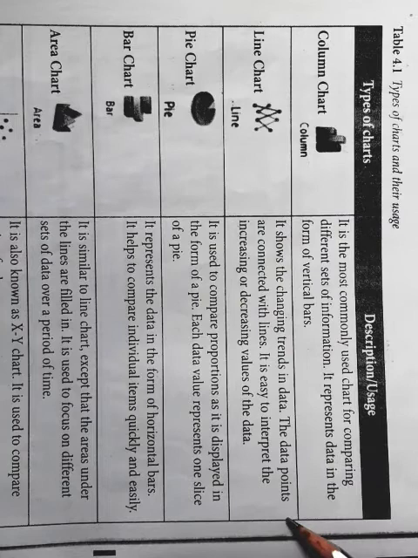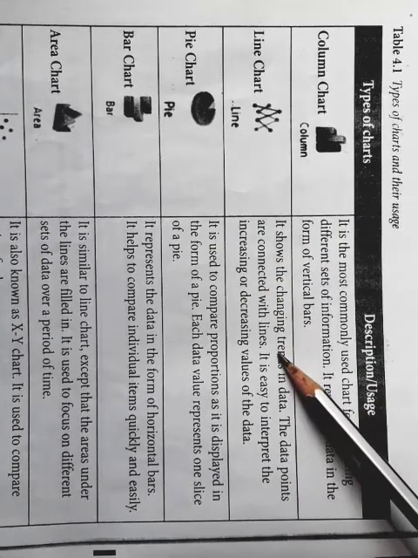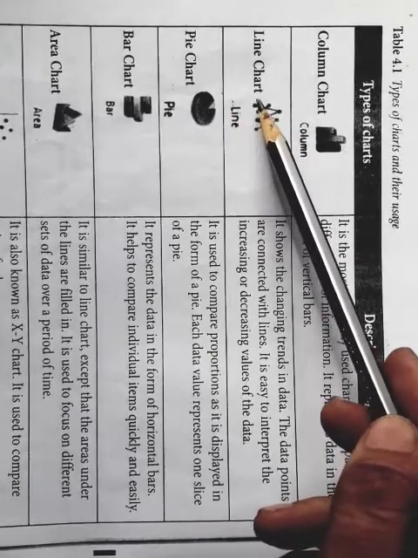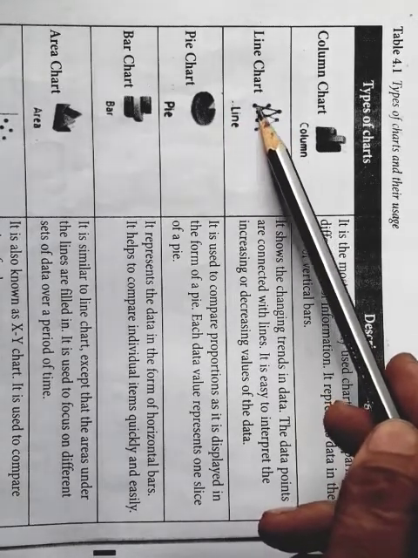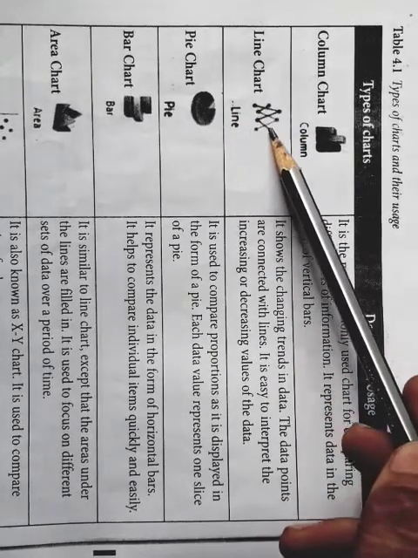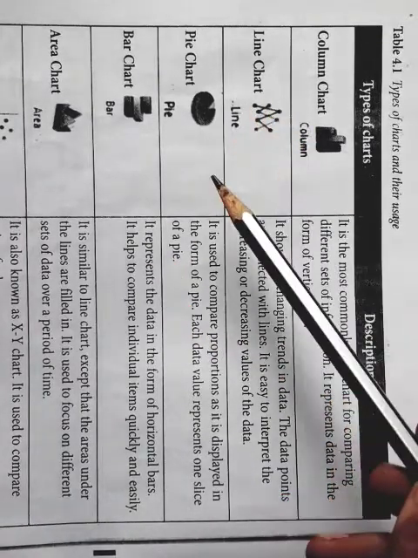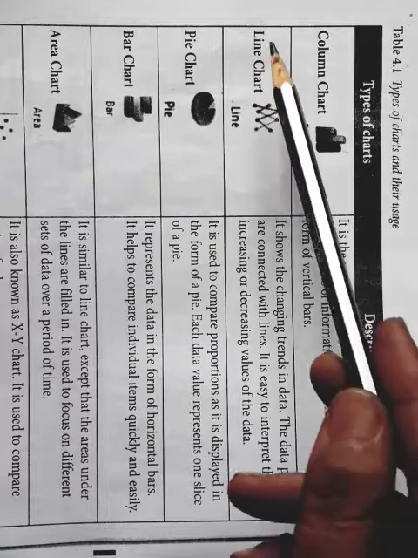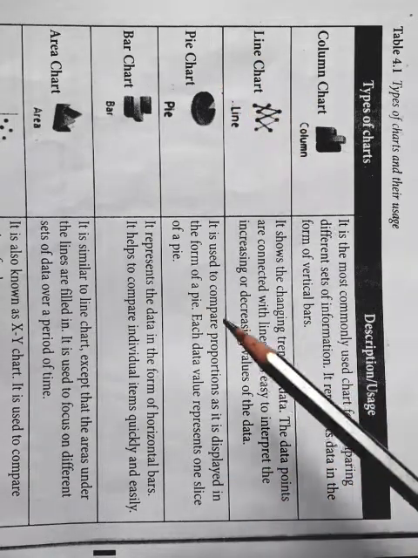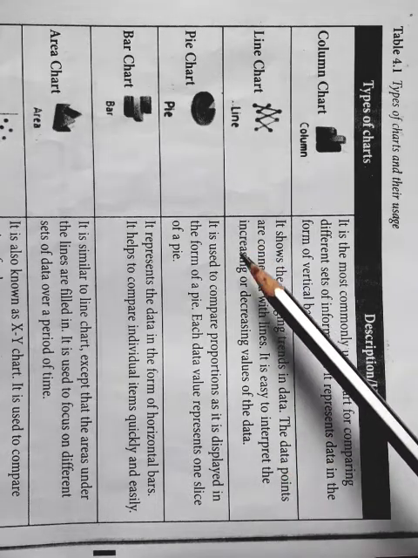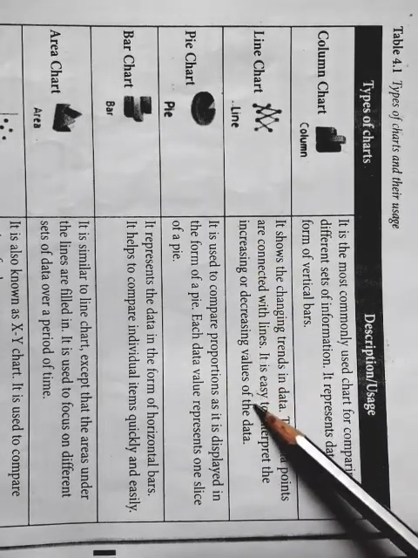The data points are connected with lines. These are the data points. See, this is fall, this is rise, fall and rise. All this data is connected with the help of a line and that is why it is called a line chart. It is easy to interpret the increasing or decreasing values of the data.